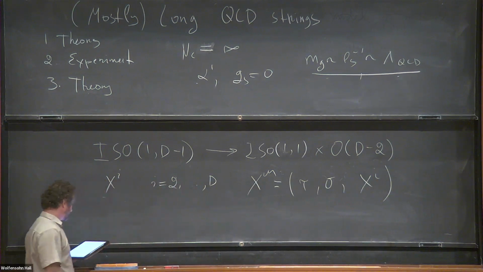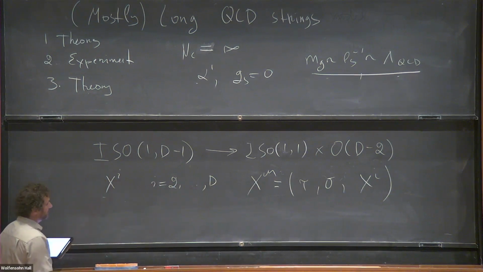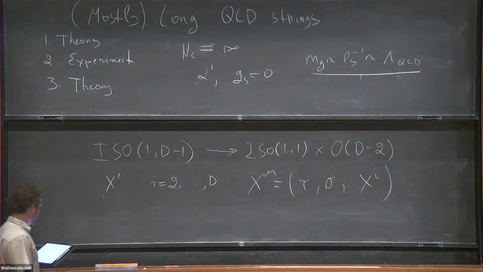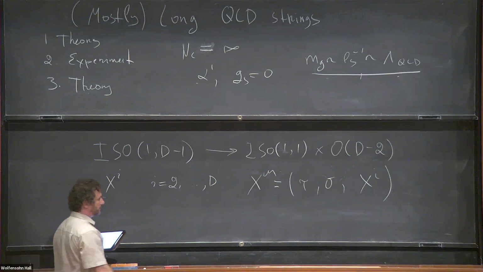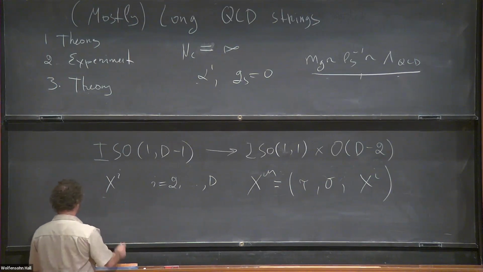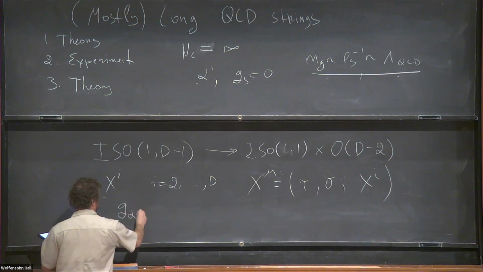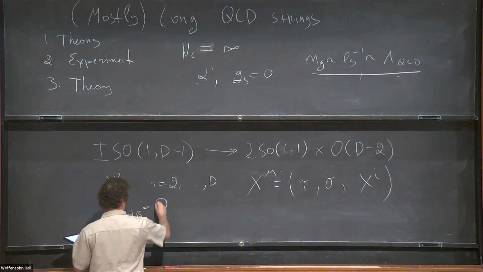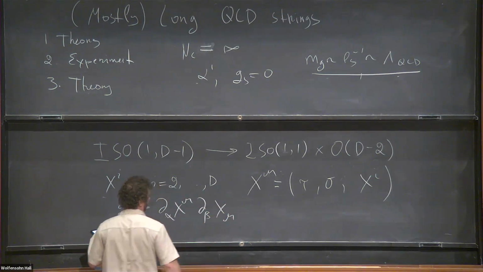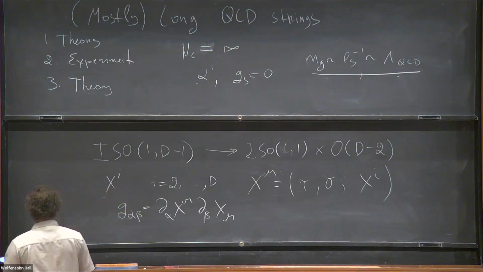To build the most general action describing this weakly coupled regime, it is just a local action built of geometric invariants which one can construct out of this data. Namely, there is an induced metric, which you define in the usual way.